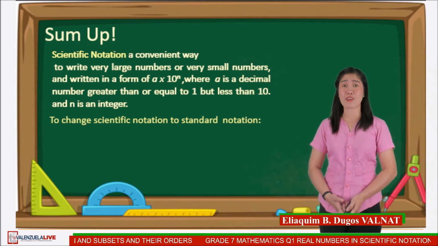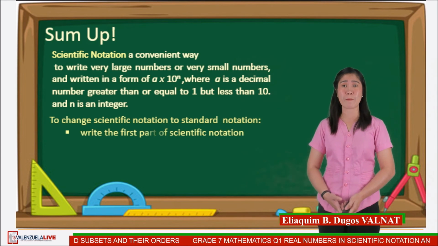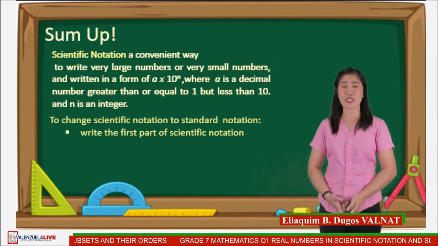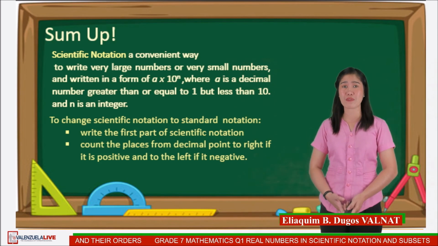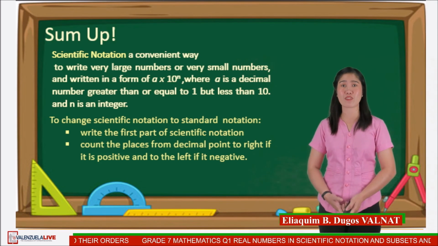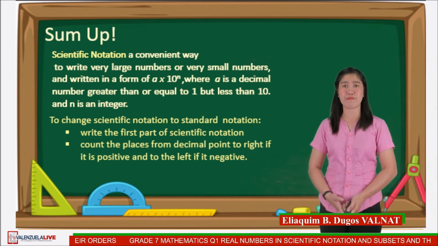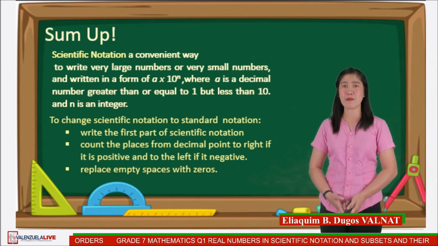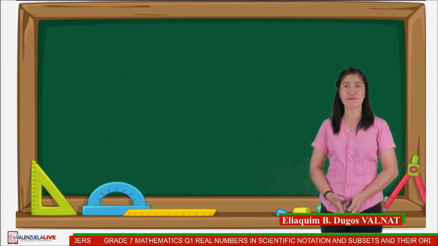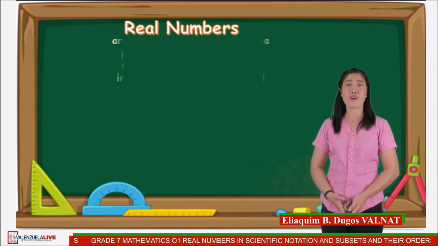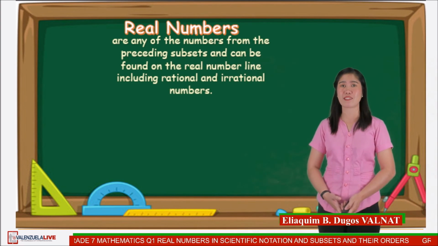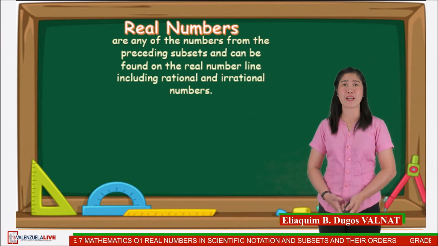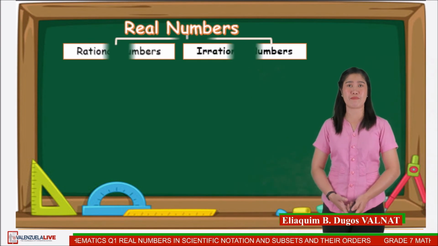To change scientific notation to standard notation, write the first part of the scientific notation, count the places from the decimal point to the right if it is positive and to the left if it is negative, and replace empty spaces with zeros. Real numbers are the numbers from the preceding subsets and can be found on the real number line, including rational and irrational numbers.